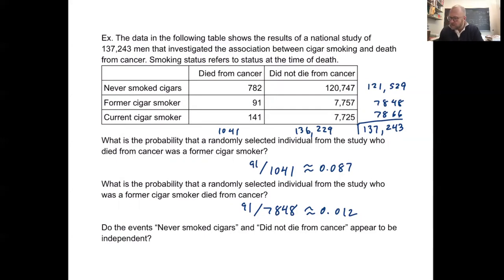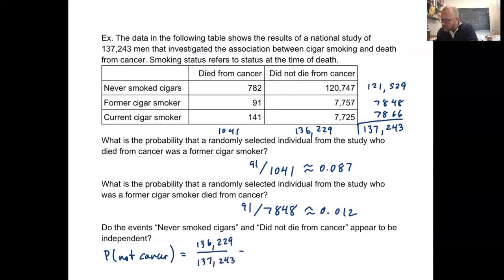So what I'm going to do is to get the probability of didn't die from cancer, so not cancer in this, and looking up there, did not die from cancer, we've got 136,229 out of 137,243.